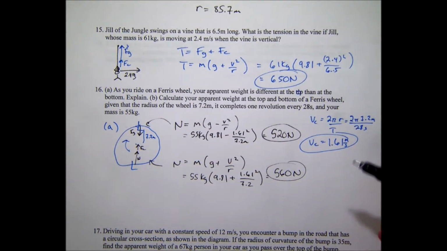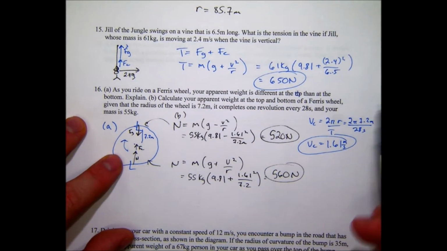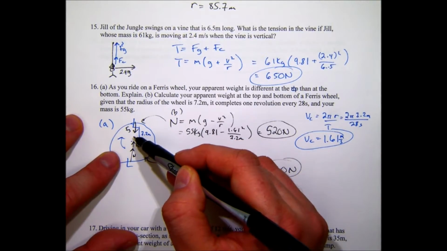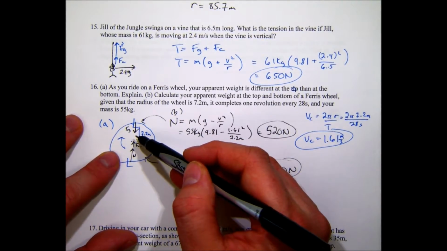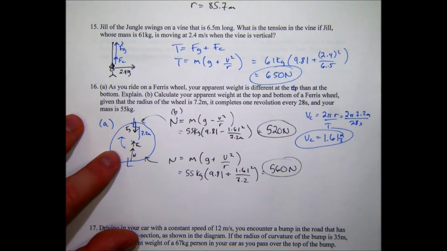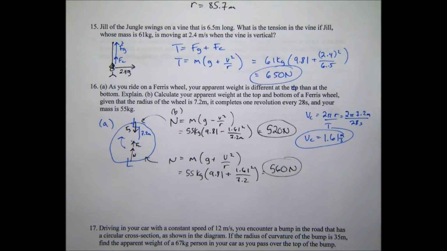So as far as A and B, and this is really part B here, as far as the explanation goes, and I'm just not going to write it out, but at the top, gravity is pointing towards the center of the circle, which means that much less force needs to be applied to make you go in a circle, to just take gravity away from Fc. At the bottom, it's Fc plus the normal force to cause you to go up, so you have to add them together, and that's what we've done.